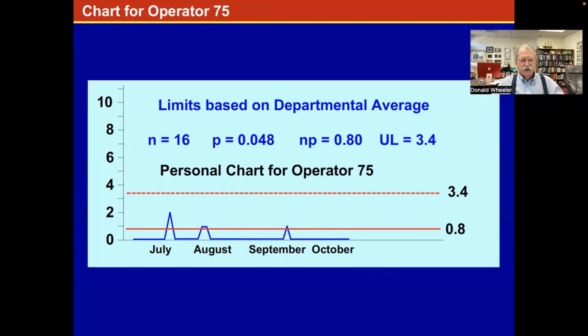Beginning in August, the supervisor sat down with each operator and showed them their personal chart. The operators were told that if their work was average, they should have between 1 and 3 defectives. 4 or more would be worse than average, and 0, that's better than average.